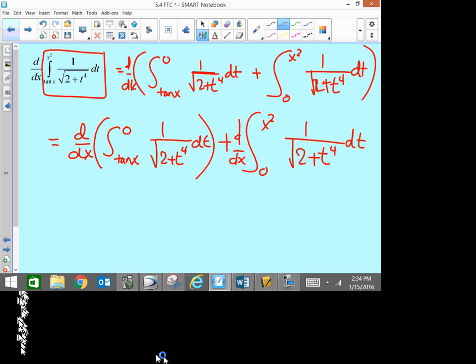Now, tell me what you want to do with the whole thing. This one's totally doable, right? This one's a problem because the upper and lower limits are switched, so we're going to do that negative thing again. So negative integral from 0 to tangent of x.